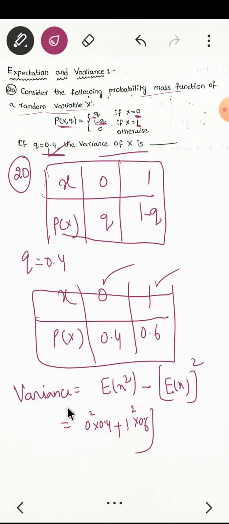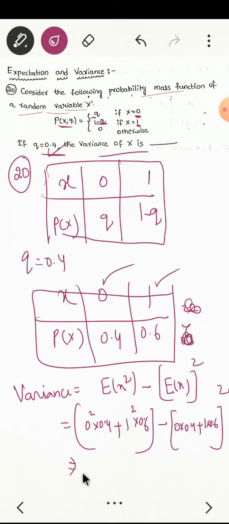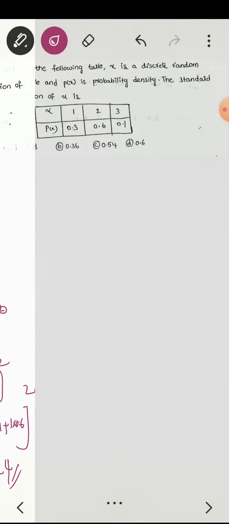Suppose you have one more term like 2 with 0.3, then plus 2 square into 0.3. Then E of x is 0 into 0.4 plus 1 into 0.6, that is 0.6, whole square. Very simple, right? 0.6 minus 0.36, I will get 0.24. So you have to substitute 0.24 in the given problem.